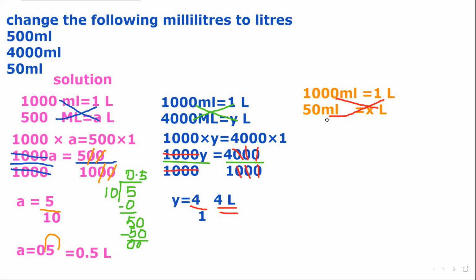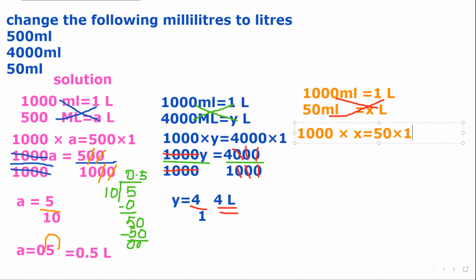So here now you have your linear equation. You have the 1,000 times the x must be equal to the 50 times the 1.